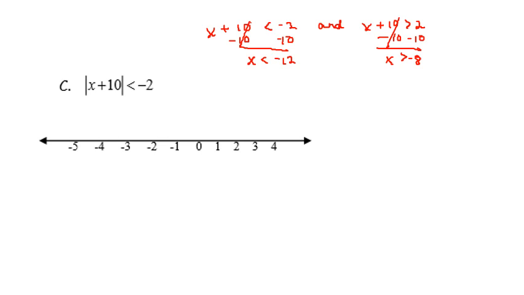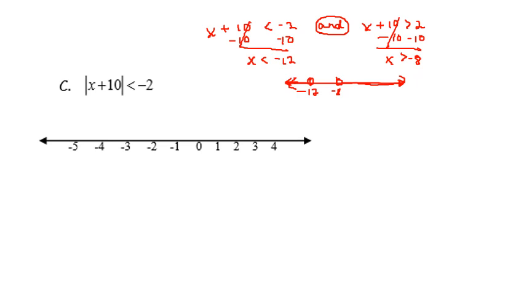All right, so now on negative 12, negative 12 would be over here. We'd have an open circle and shading to the left. Negative 8 is over here, open circle and shading to the right. Now remember, with an AND, it's where both of the shadings are.